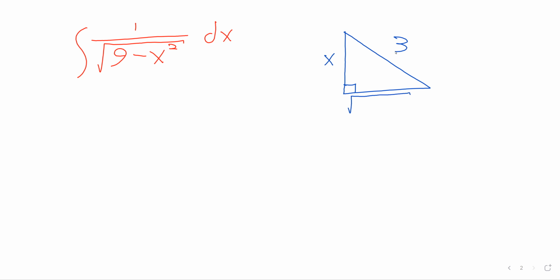Then this horizontal distance is this square root, 9 minus x squared. So we can see how integrals like that might show up in an applied situation.